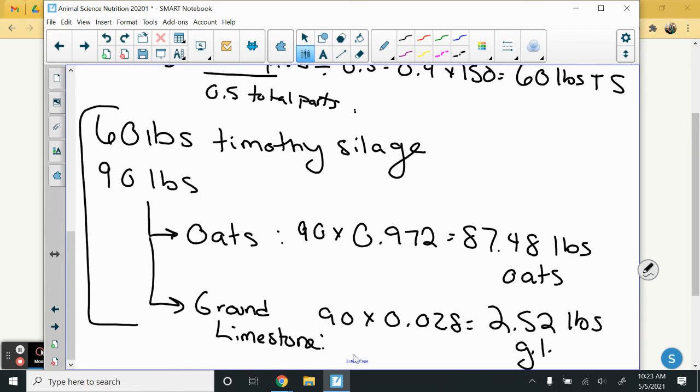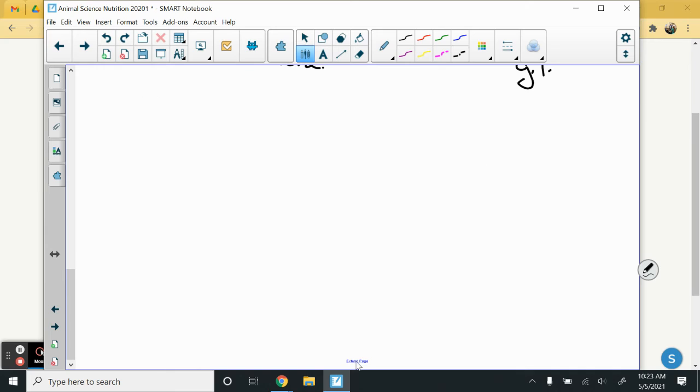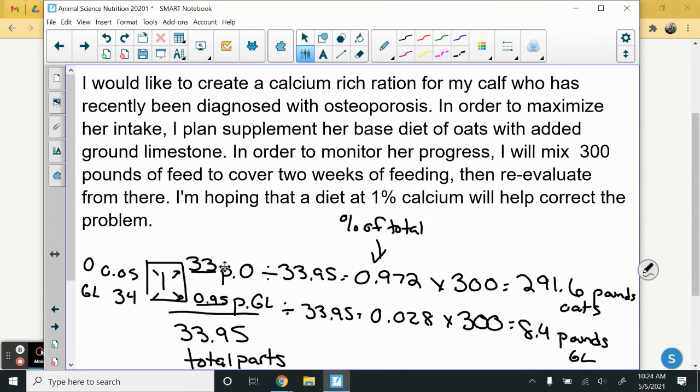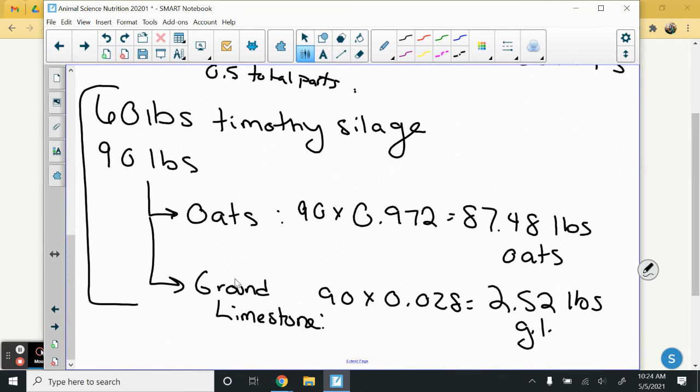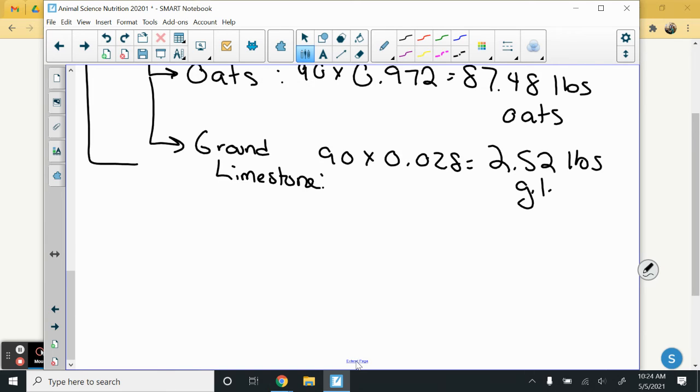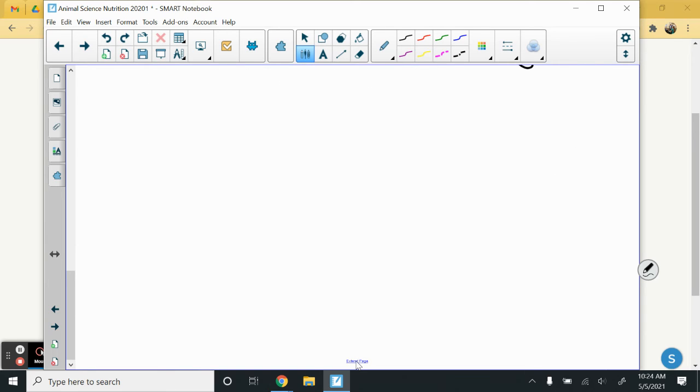So I want you to try a new problem. This time, you're going to practice, and you're going to use the same base problem. You're going to use this mixture, but instead of using Timothy silage, you're going to use oat silage instead.